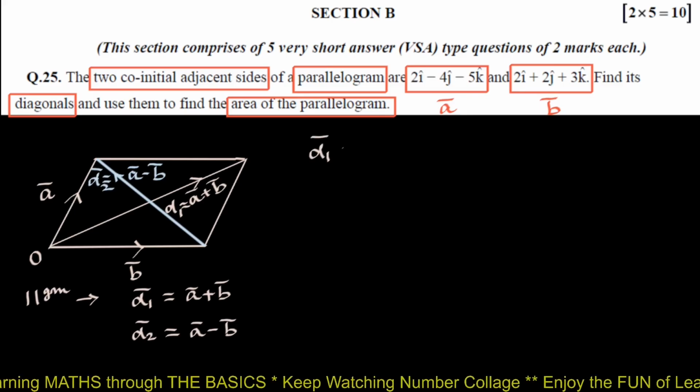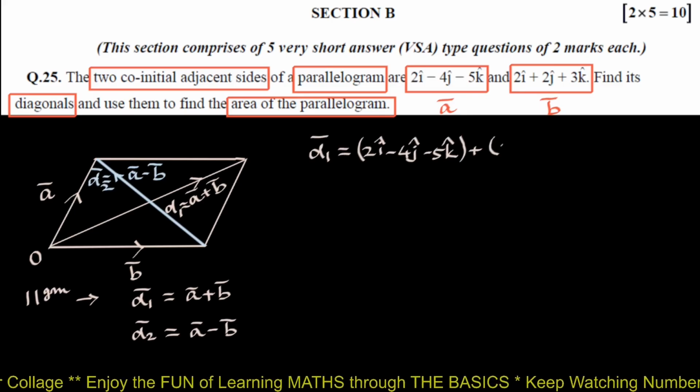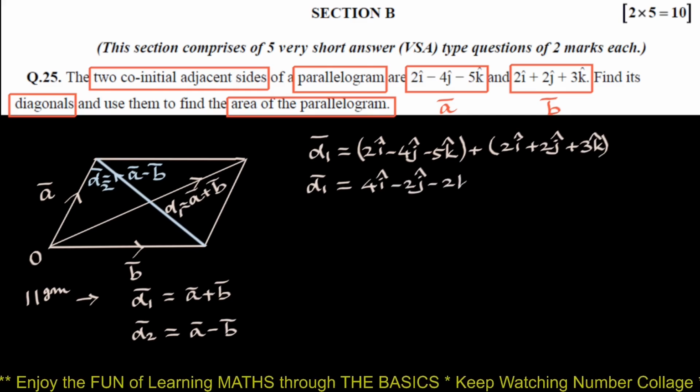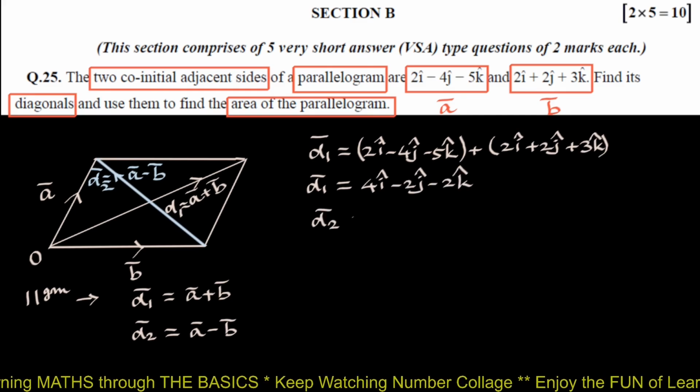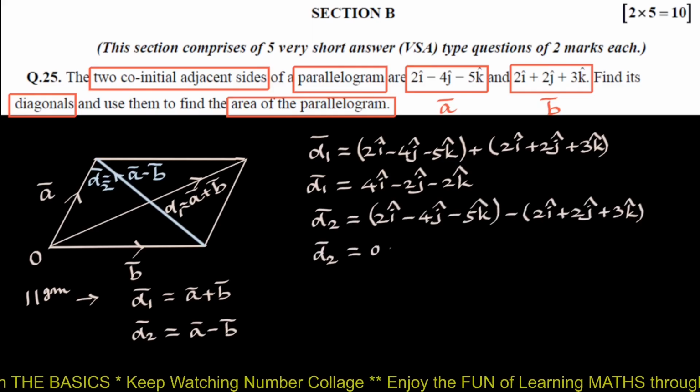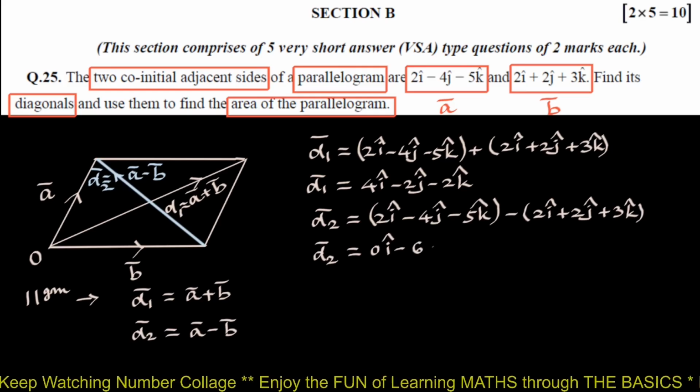So d1 bar is a bar plus b bar, which becomes 4 i cap minus 2 j cap minus 2 k cap. Similarly, diagonal d2 bar will be a bar minus b bar, which equals 0 i cap minus 6 j cap minus 8 k cap.